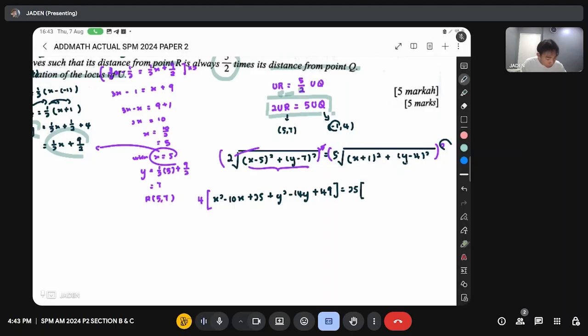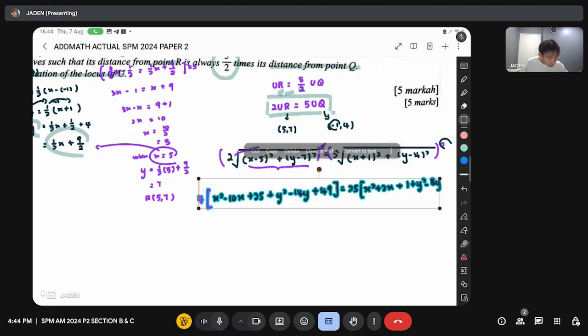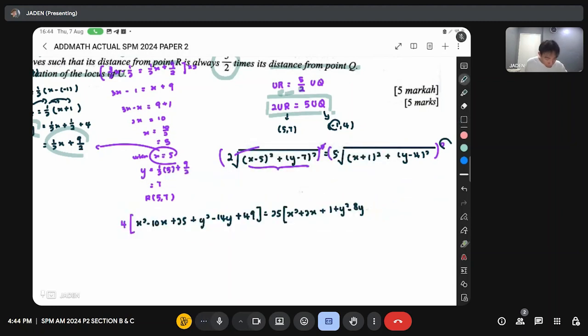Everything here you gotta expand. So x squared plus 2x plus 1 plus y squared, and then minus 8y and plus 16, close bracket.